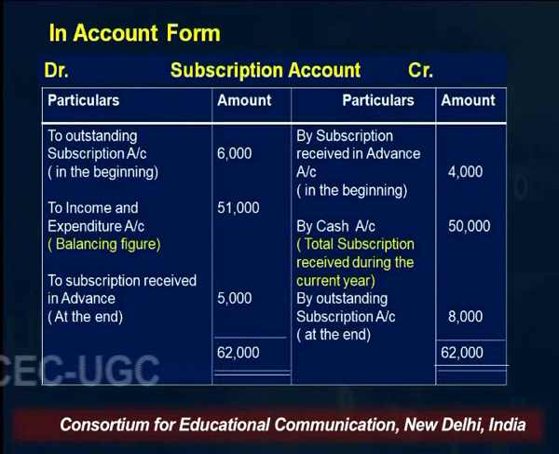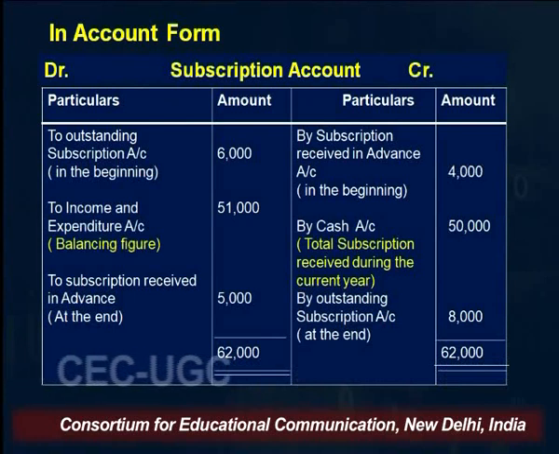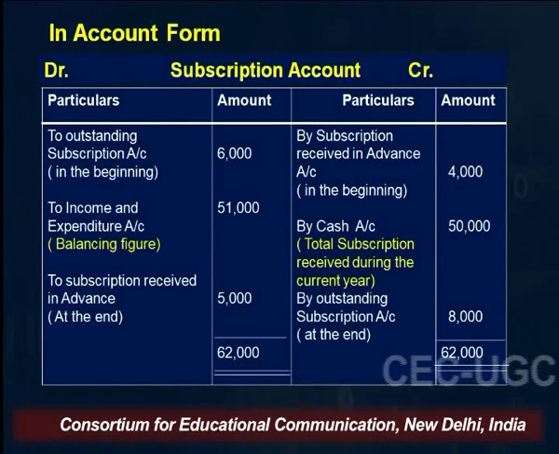Subscription received in advance in the beginning has to be shown on the credit side, it is a liability. The next item shown on the credit side is by cash. This is the total subscription received during the year. This is the total amount which you received during the year, 50,000, and this 50,000 includes subscription received in advance, outstanding subscription, and all other items.